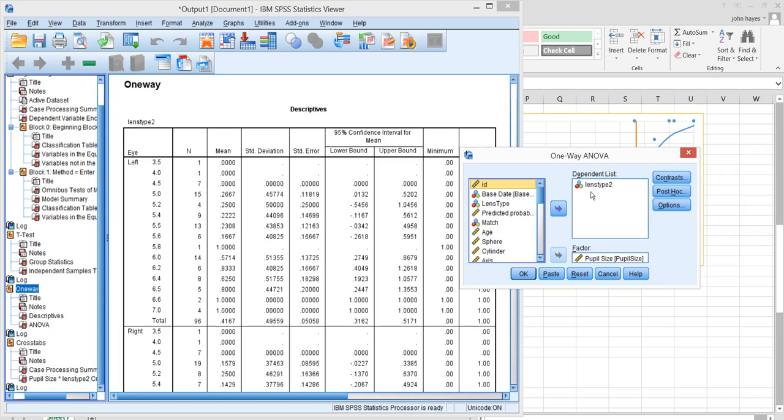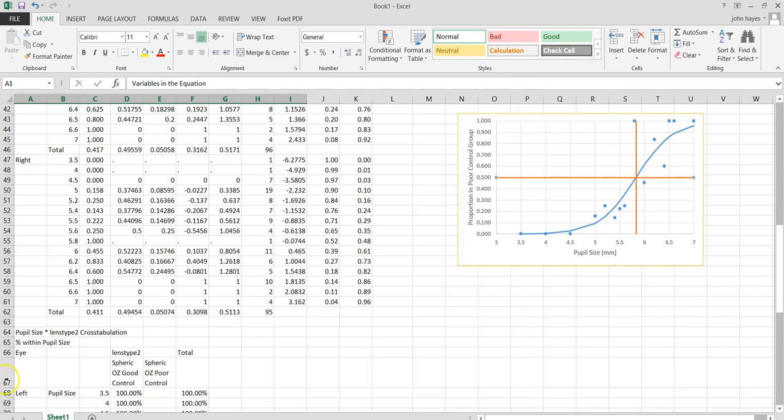So doing this will give us the proportion of people having poor control at each level of pupil size. And that gives us an output that looks like this.